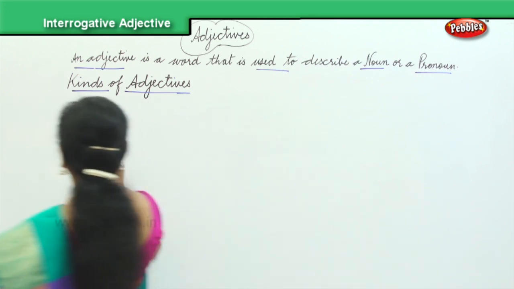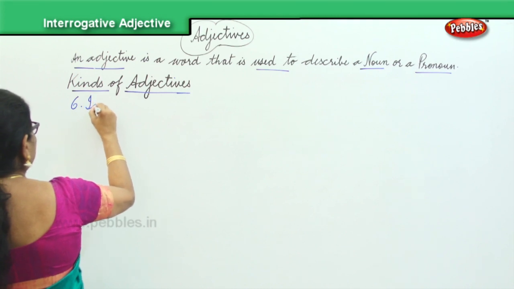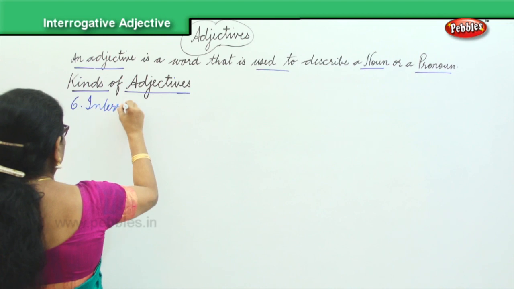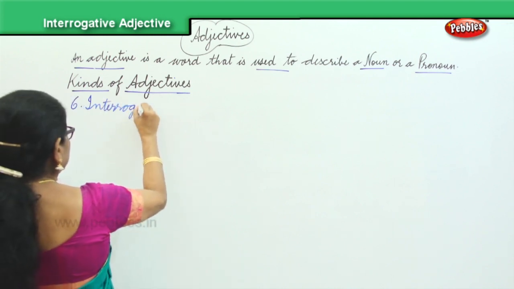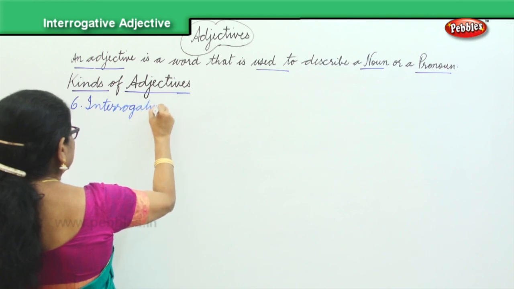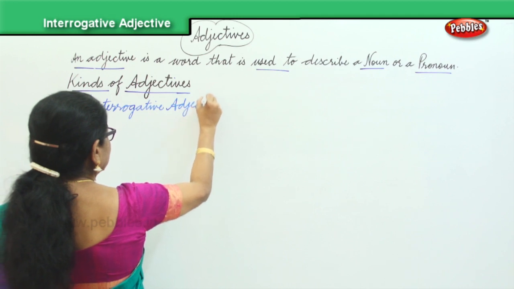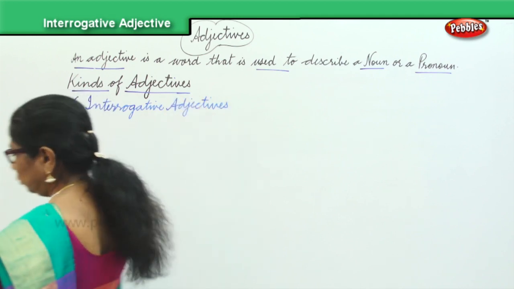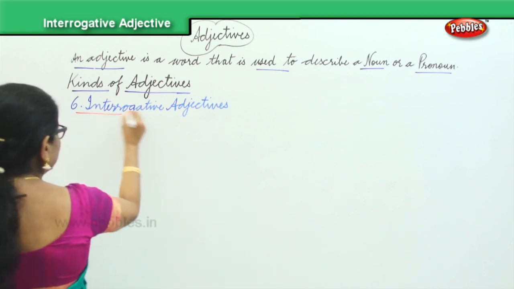So we do the sixth kind of adjective, that is interrogative adjectives. Interrogative adjectives, that's the sixth type.